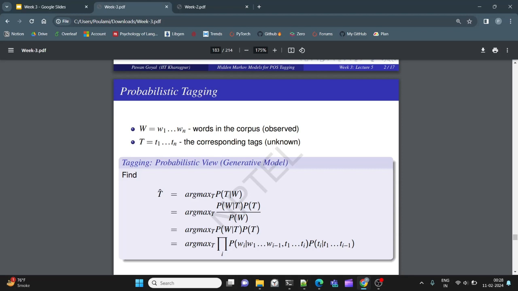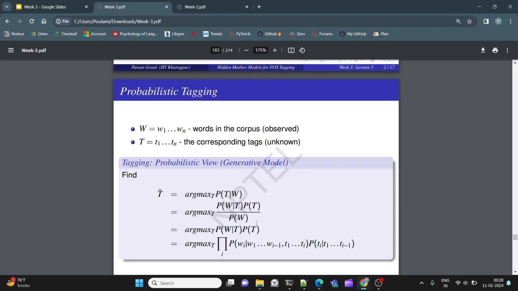In order to calculate that, we use the Bayes rule and we flip it. So we get probability of W given T into probability of T. Here we use the Bayes rule to go from this step to this step.